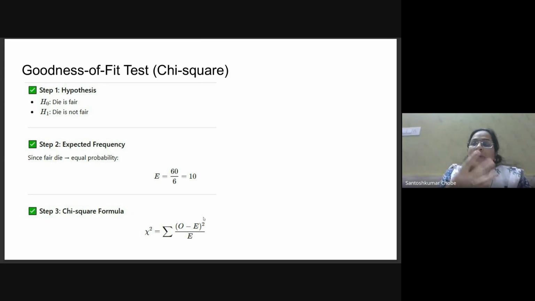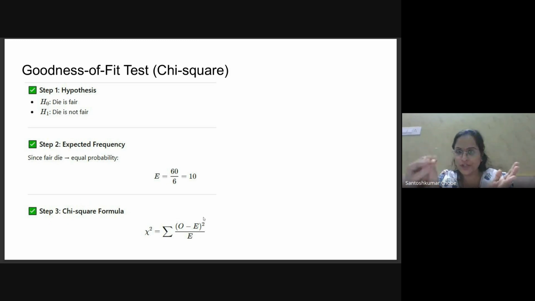Correct? But according to me, through the theory, through the standards, I expect that the die is a fair die. It means that every face should come an equal number of times. So when I roll the die 60 times, I am expecting that every face should come 10 times, because there are 6 faces.